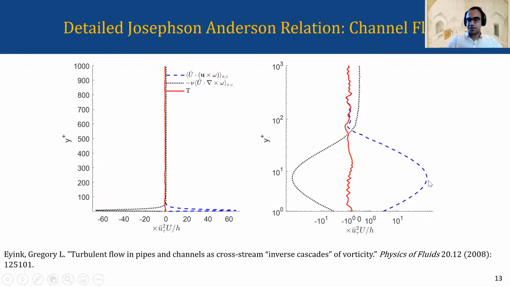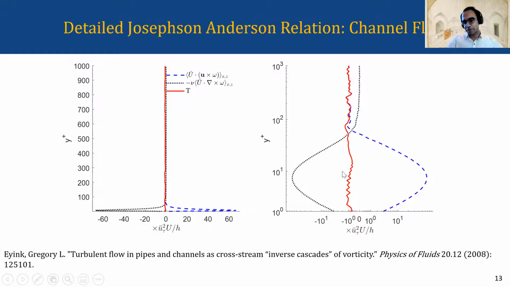In some sense, you can imagine this is sending vortices towards the wall. It's generating anti-drag, if you like, close to the wall, and the viscous term at y plus below, let's say, 20 or y plus 10 is the one which is generating most of the drag.